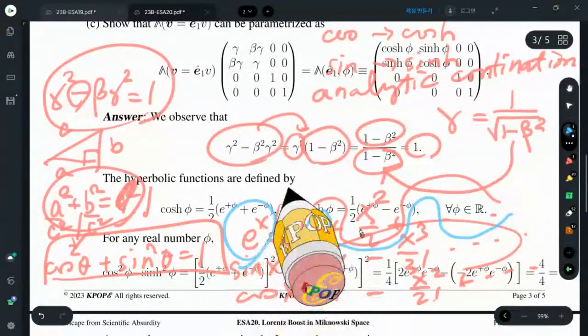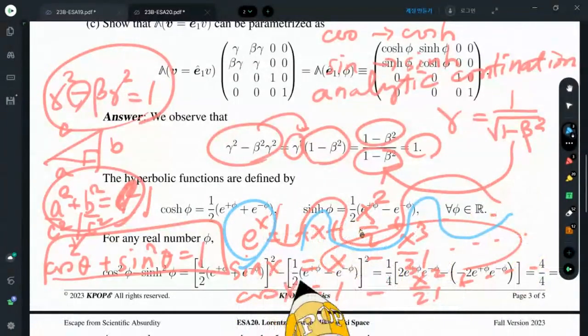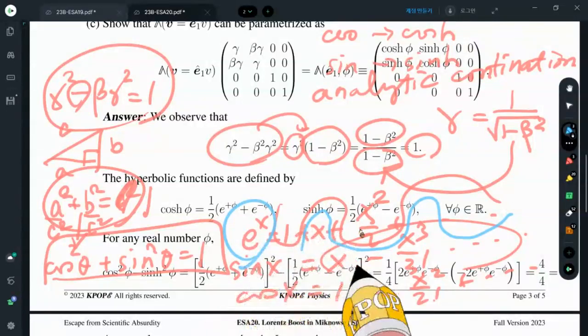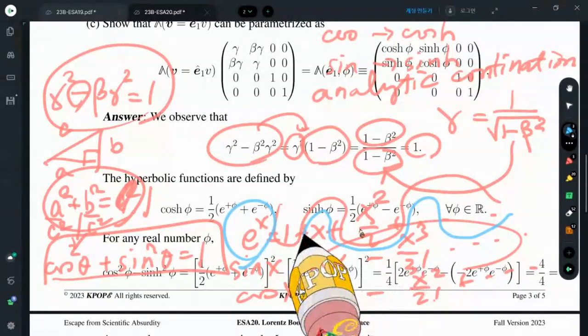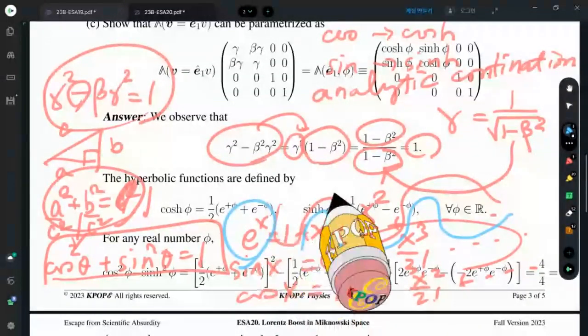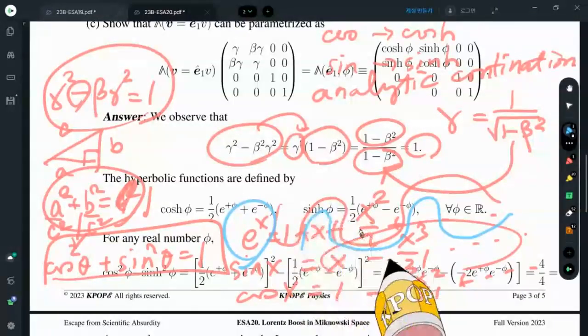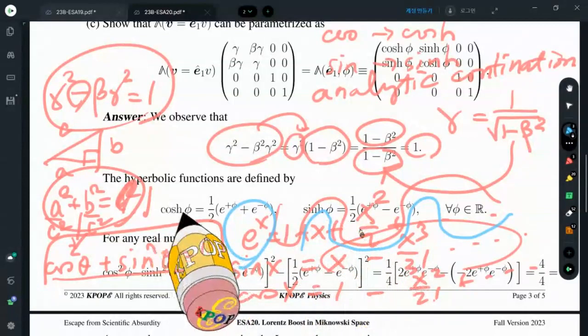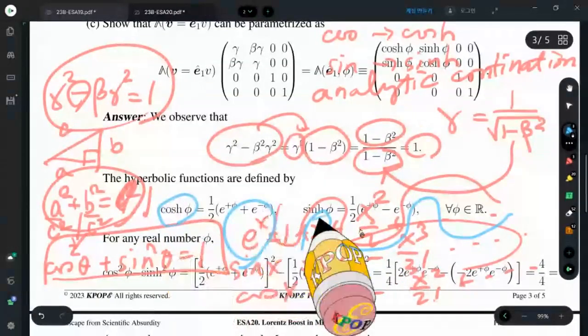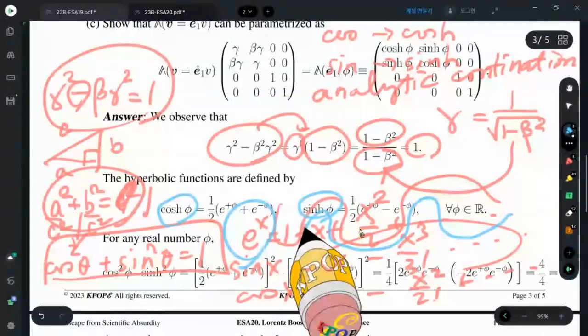The exponential consists of even contribution, called cosine, and odd, called sine. But if I want to express this one without flipping the plus-minus sign, the simple separation of even and odd parts is cosine hyperbolic and sine hyperbolic.